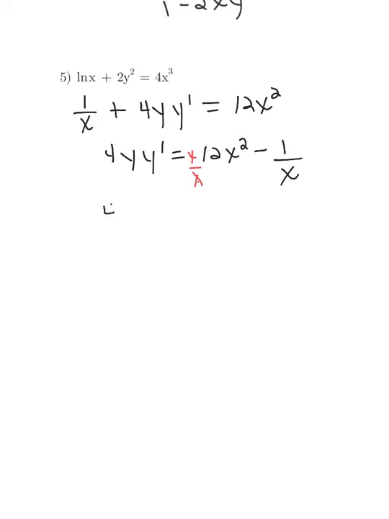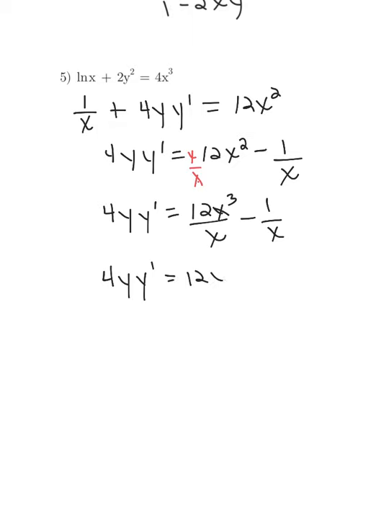This would give me 4y prime equals 12x cubed over x minus 1 over x. But now I can write that as one fraction. So I'm going to have 12x cubed minus 1 over x.